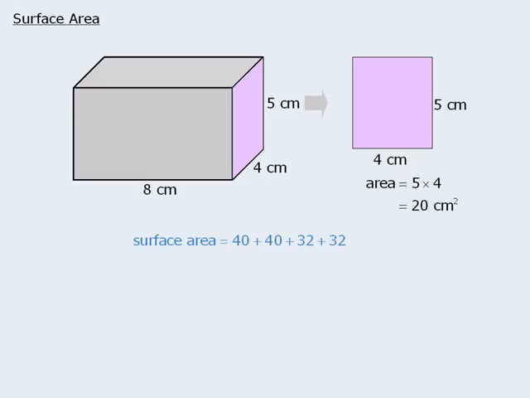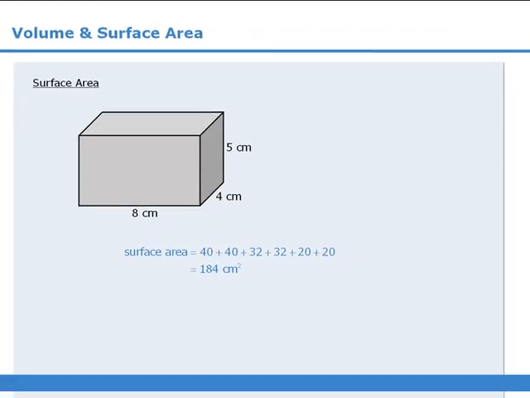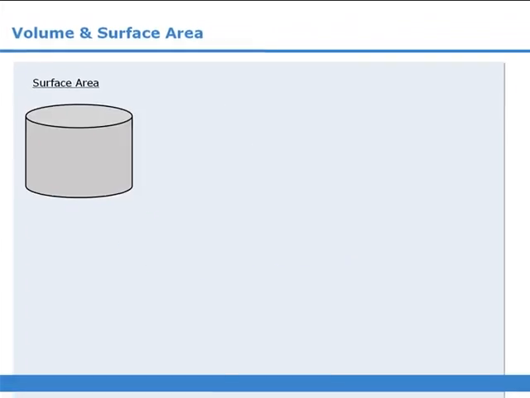So to our calculations, we will add 20 square centimeters and another 20 square centimeters. Now when we add the areas of all 6 faces, we see that the total surface area of this box is 184 square centimeters.